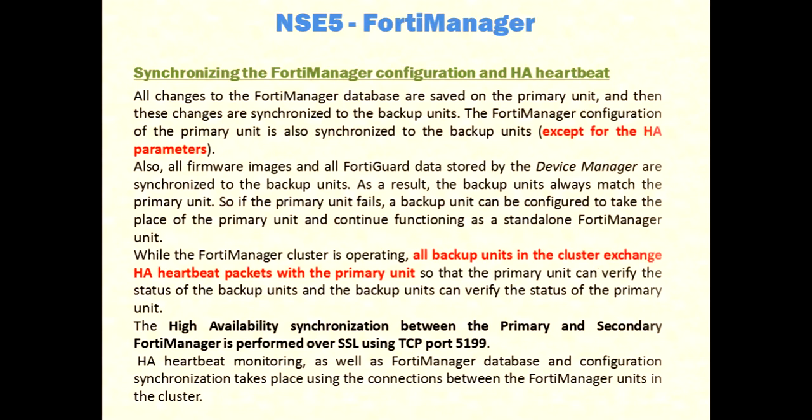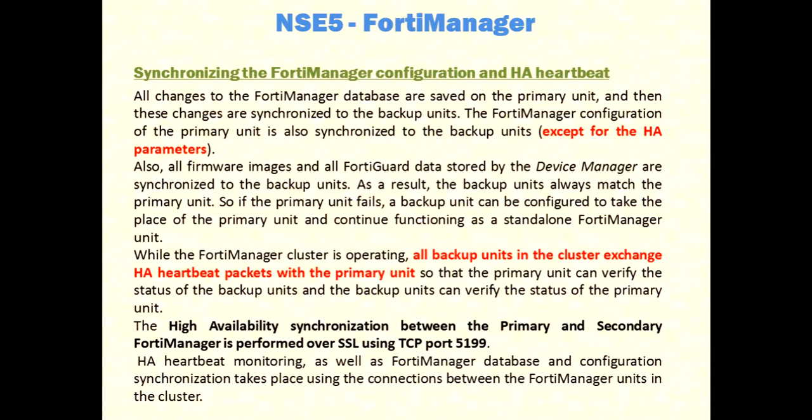Synchronizing the FortiManager configuration and high availability heartbeat. All changes to the FortiManager database are saved on the primary unit, and then these changes are synchronized to the backup units. The FortiManager configuration of the primary unit is also synchronized to the backup units, except for the high availability parameters.